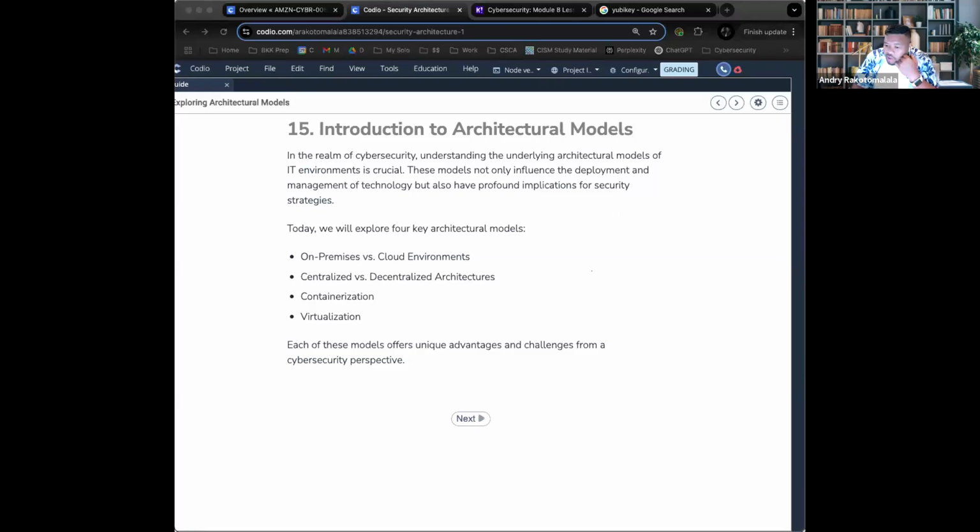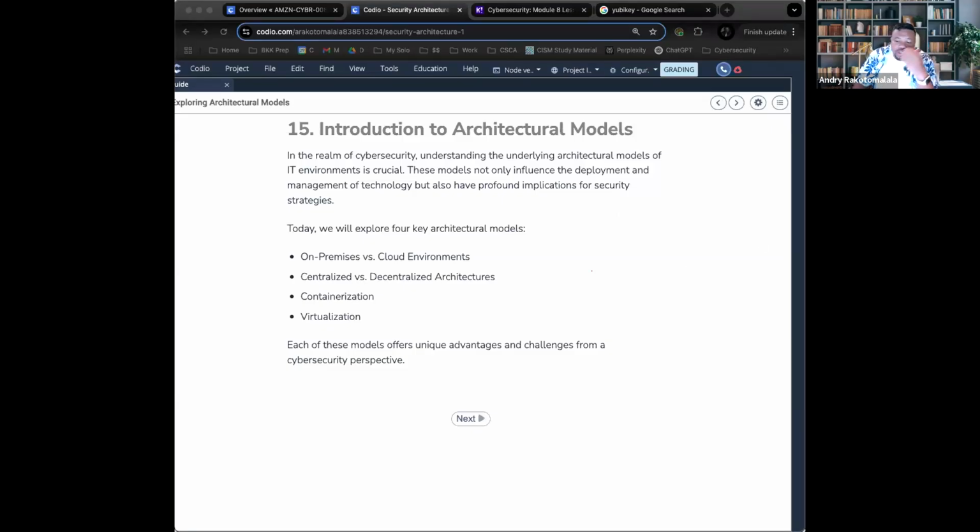All right, now let's move on to architectural models. So now that you understand a bit more about the security infrastructure and security architecture, let's talk about the different models. So what do I mean by the different models?